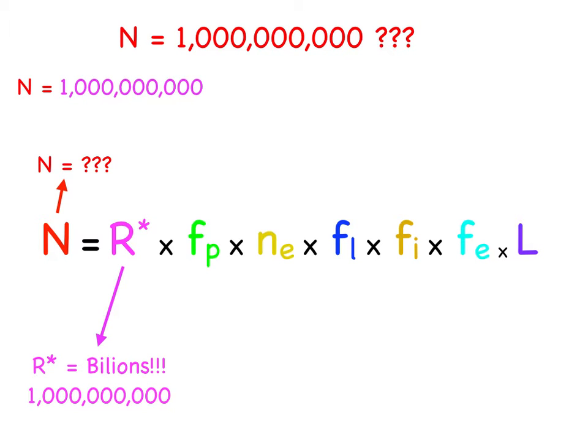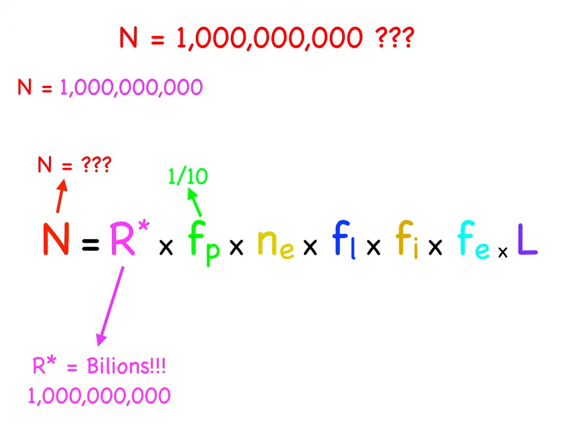at the end. The first fraction then, Fp, the number of stars that have planets around them. Until very recently we hadn't a clue what that number was, so people had to make guesses, and conservative guesses went at about 1 over 10. But more recently, since 1995 when the first planet was discovered around a star, and since then we've discovered over 3,000 candidate planets, we now know that almost all stars have planets in orbit.